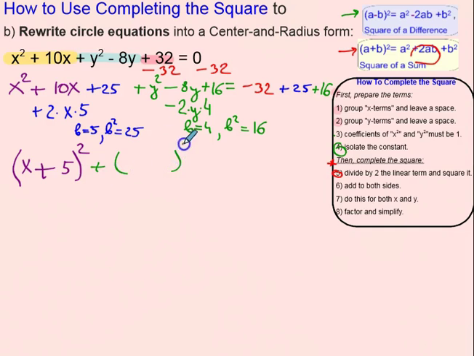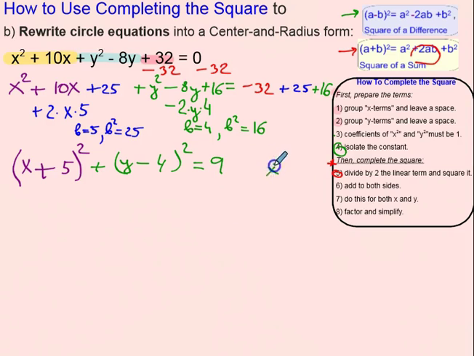I am preparing for my square of the difference. The variable would be the y, and b was the 4. I now will have to figure out the simplified term for the right side. That you could check with a calculator, and I'm sure you will agree with me that the result is 9.